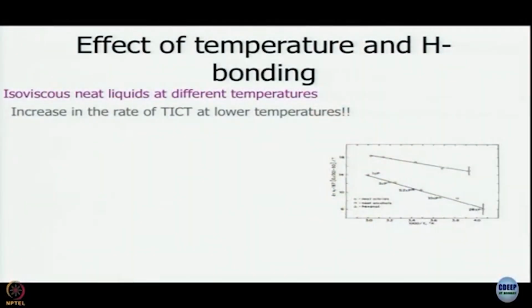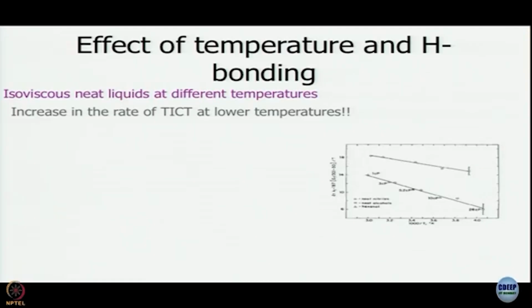So, what they did was, they painstakingly determined the viscosities of neat liquids at different temperatures. And then of course, you cannot compare an alcohol with a nonpolar solvent. Okay. And then at different temperatures, they took different solvents, keeping in mind that viscosity has to be the same for all these points.